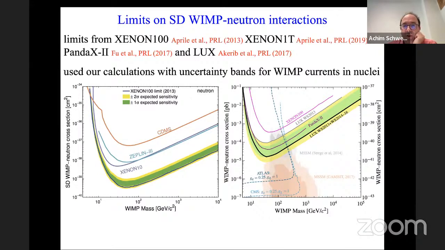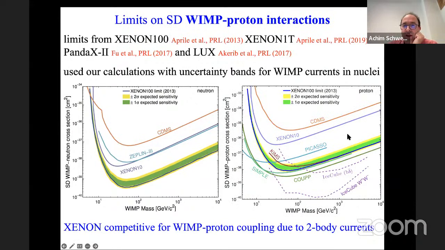Okay, now if you looked very carefully at the XENON100 paper, and you looked at the WIMP-proton limits, let's look at this a little bit more in detail. For the spin-dependent WIMP-neutron limits, going from XENON10 to XENON100 was like an order of magnitude and a little bit more improvement in sensitivity.